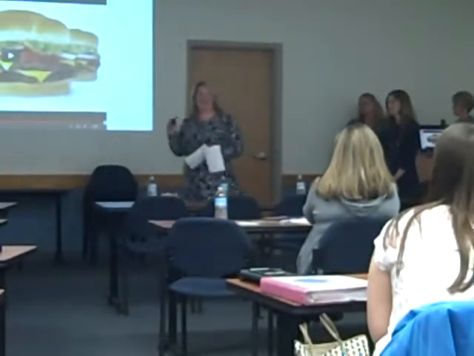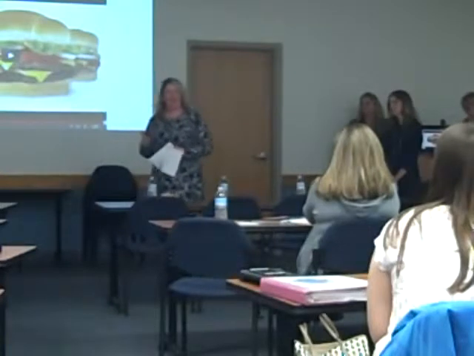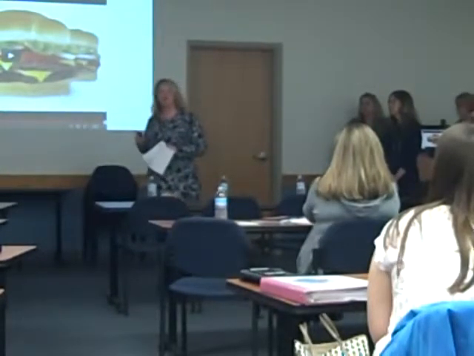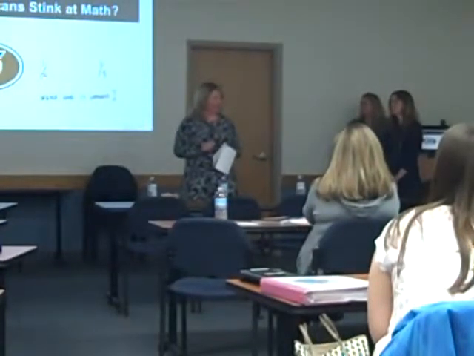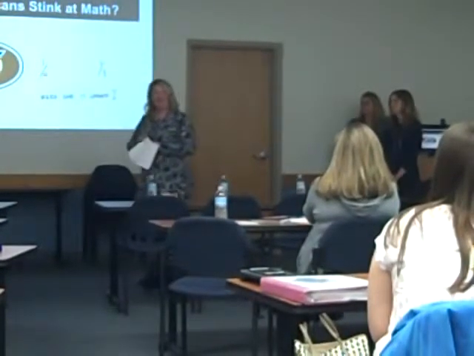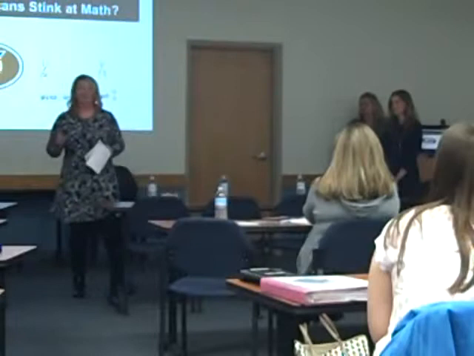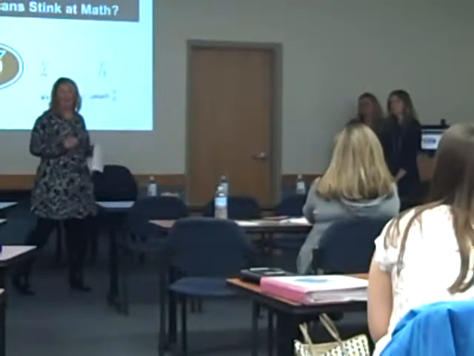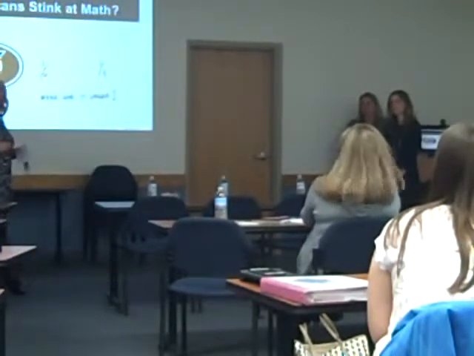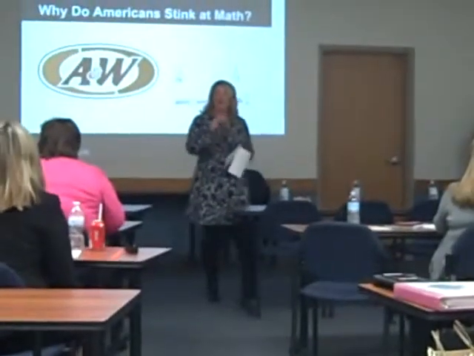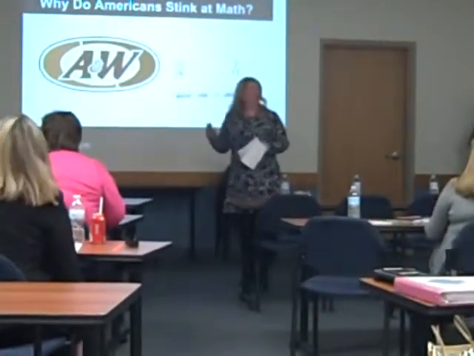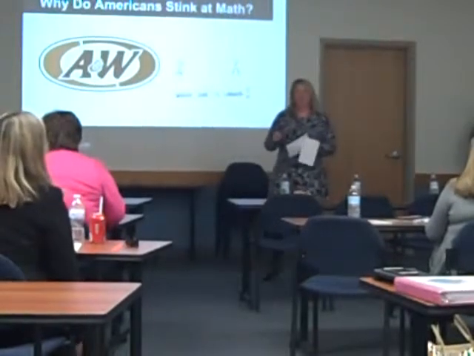Back in the 1980s, popular fast food chain A&W launched the third pound burger to combat McDonald's quarter pound burger. This ad campaign flopped. It flopped big time. Does anyone want to take a guess why? Because people probably think the 3 on the bottom means smaller. You said it exactly. When researchers polled consumers, that was their response.